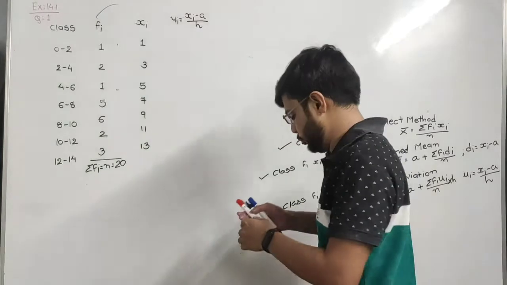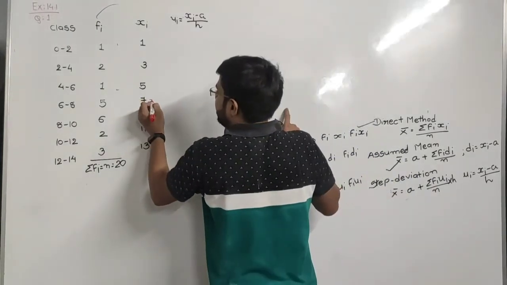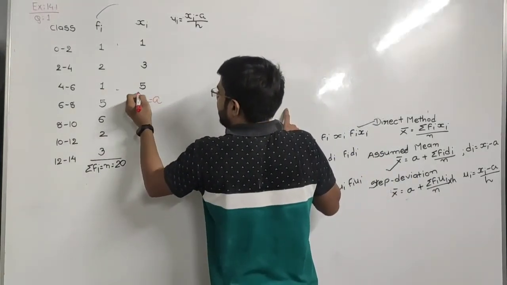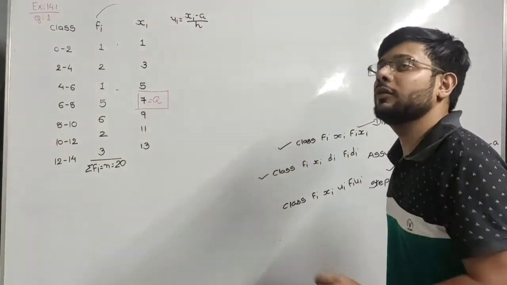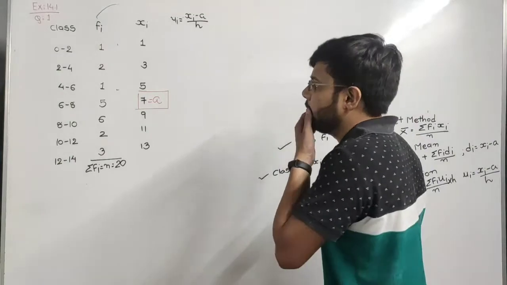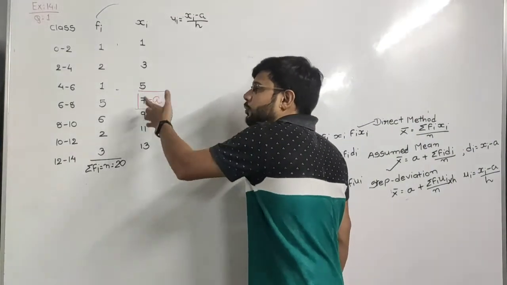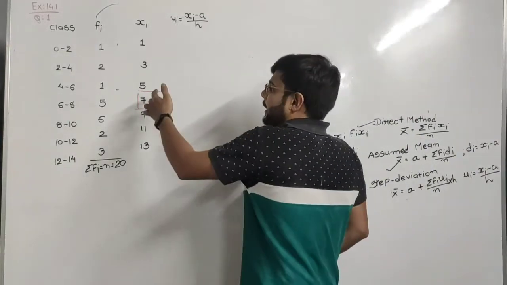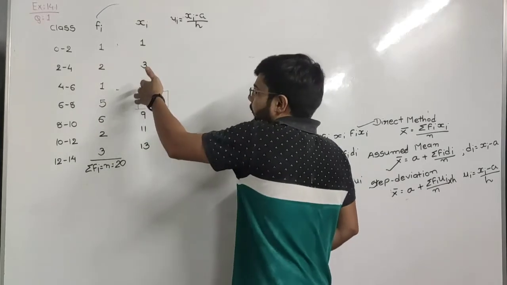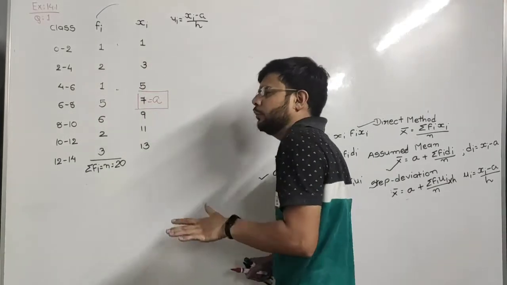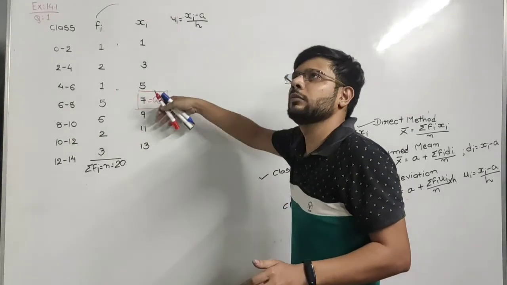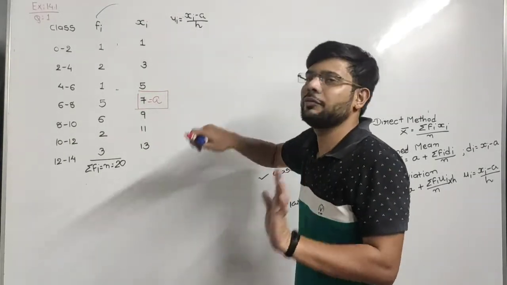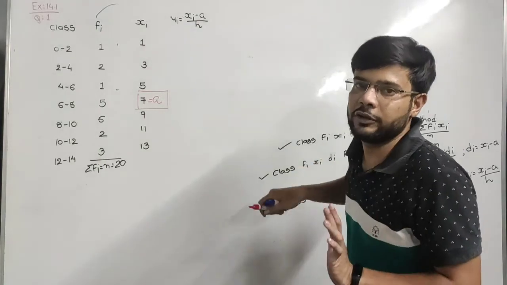And now we will choose this 7 as a, right? One thing you have to keep in mind: the assumed mean should be chosen from the center. You can take any value as a and solve this sum, but we choose from xi only, that will be better for you and it will make the sum easy.